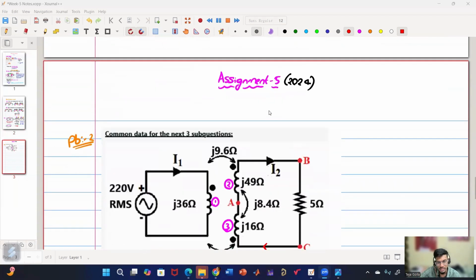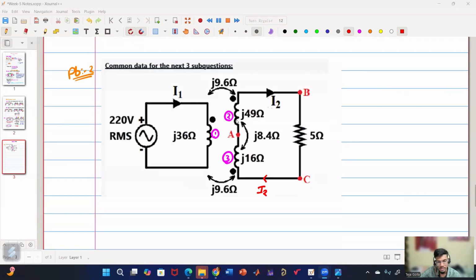Understood why we'll have three? One because of the self inductance of this coil, one because of the mutual inductance between 1 and 2, and another because of the mutual inductance between 1 and 3, because it is coupled to two coils. So there will be two mutual inductance terms and one self inductance term.